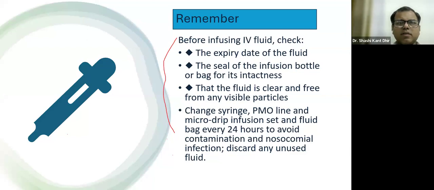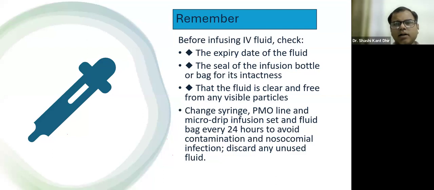Even if the baby is in some private hospital or we are doing some private practice, the cost of the fluid and the assembly would not be more than 300 to 400 rupees. If we continue reusing at the expense of the sepsis that we are giving to the baby, it is not going to be cost effective. Even a single episode of sepsis prevented will be much more beneficial as compared to the cost.